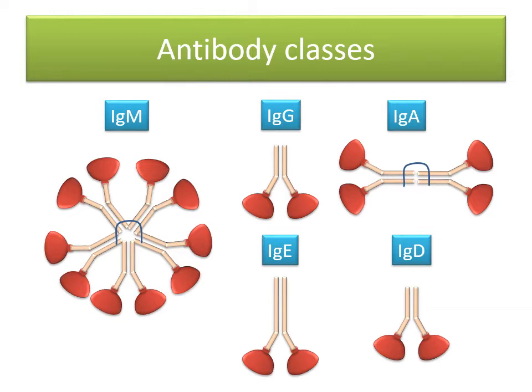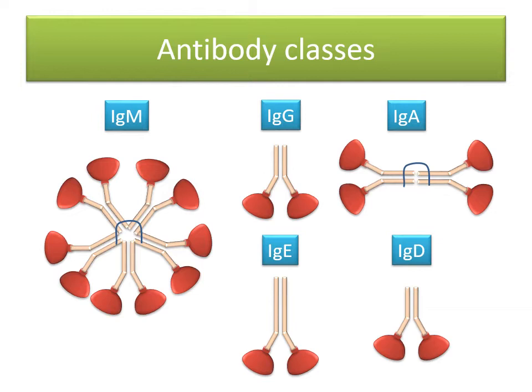IgG, which is the major class of antibody and the most abundant antibody in the blood, is shown here in the middle. An IgG molecule takes a little longer to appear, but it has higher activity and higher affinity than the IgM, and it is the major antibody that helps protect us against most infections. Then there's IgA. IgA is particularly predominant in the gut and helps protect us from bacterial infections in the gut.